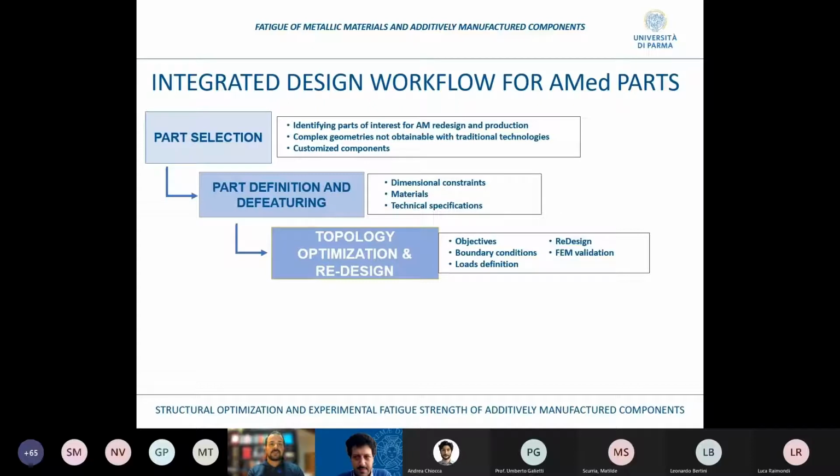After the numerical optimization gives the optimal result, it is important to perform a redesign of the component, because, as we will see, the output of the optimization is not directly producible. After the modeling of the final design, the final geometry, we perform the final finite element validation.